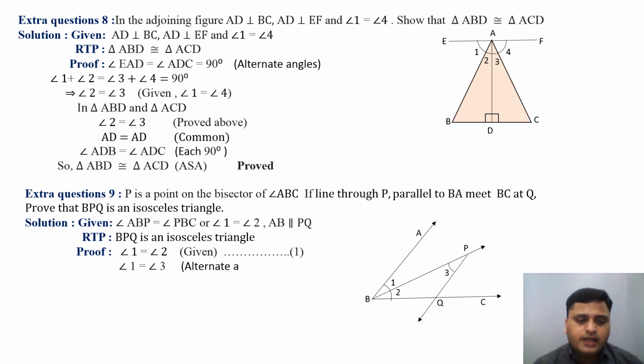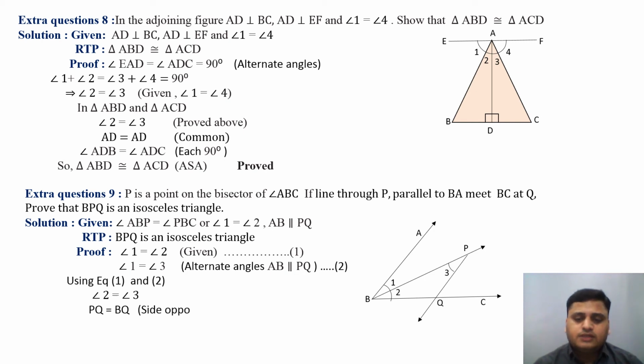So using these two equations, 1 is equal to 2 and 1 is also equal to 3, we can say angle 2 is equal to angle 3. I hope it was clear till this point. Now see, opposite to angle 2, which side will be there? BQ. And opposite to angle 3, which side will be there?